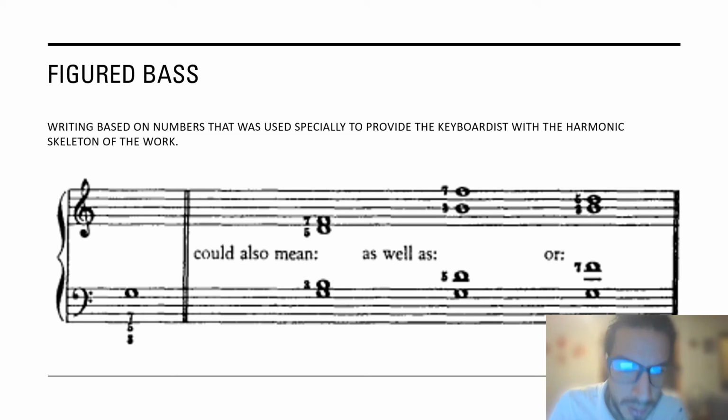For example, if you have the 753 right here, you have just a G. It will sound like this if you play it as it's written. Because you have the third above the fundamental, then the fifth, then the seventh, right? But you can change. You can have first the fifth, then the third, then the seventh. This is another position.